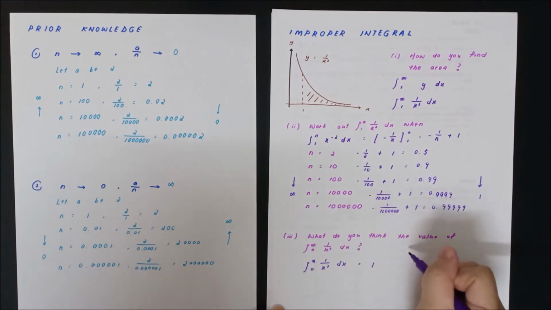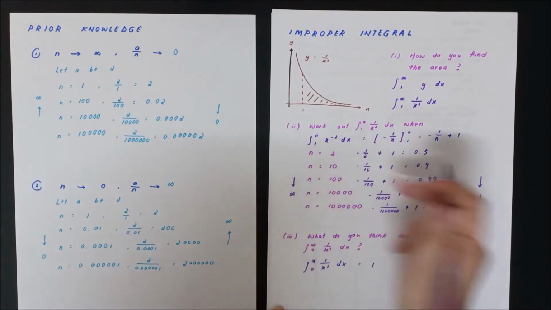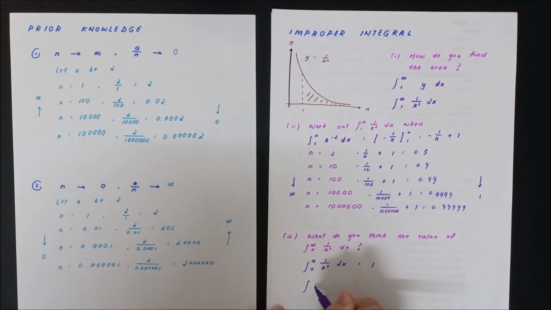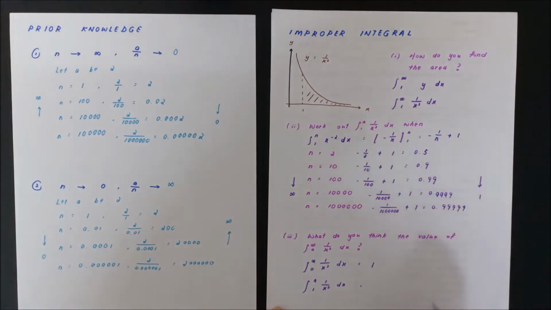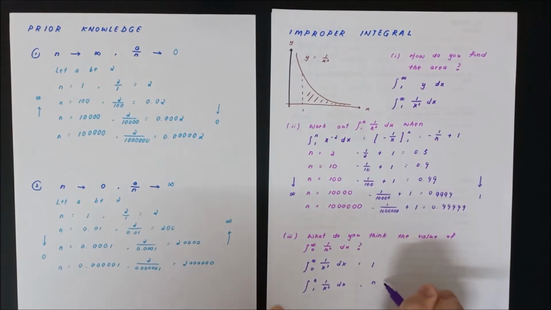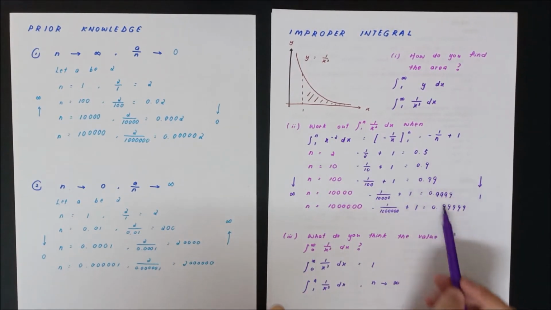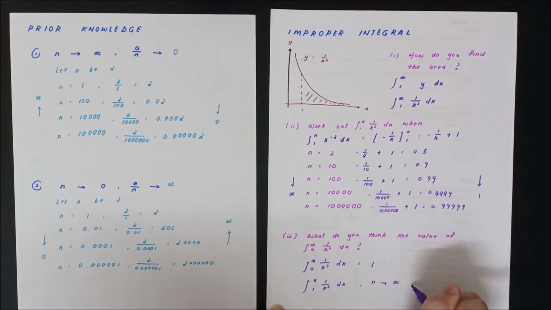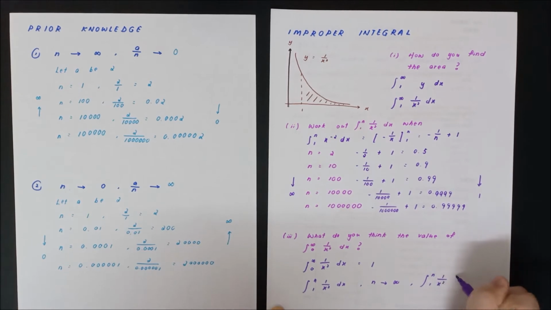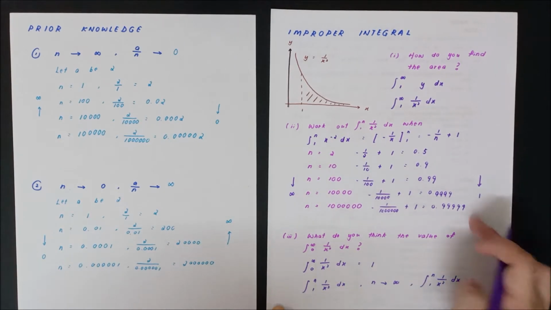When we have the integral from 1 to n of 1 over x squared dx, what happens is when n approaches infinity, meaning n getting bigger and bigger, the number for this integral is getting nearer and nearer to 1.